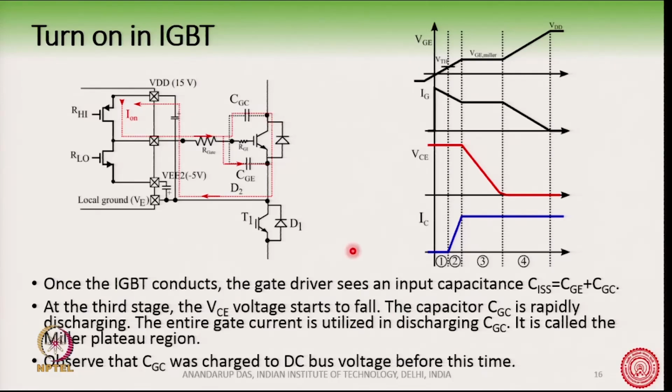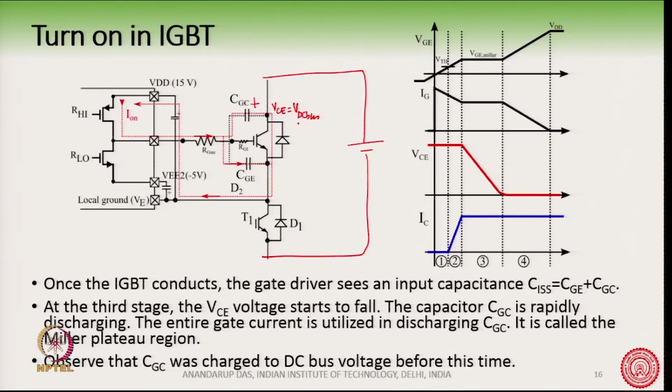You can see that before this stage, this capacitor here is charged to VCE, which is equal to VDC bus. If this is the DC bus voltage, this point's potential was equal to the DC bus voltage, whereas this point's potential was maybe around 8, 9, 10 volts.